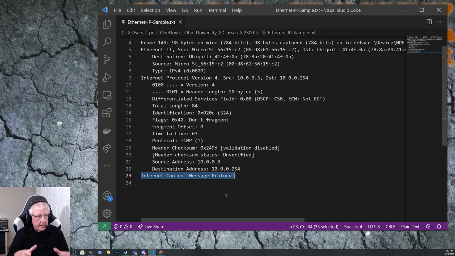That precedes the payload typically, and in the case of Ethernet there's one field behind it, but generally there's header information that precedes the payload that helps in processing the payload, and the protocols are nested inside each other. So the Ethernet payload is the IP packet, the IP payload is the ICMP message in this case, but it could be a TCP packet or a UDP packet, which will both be topics down the road for us.